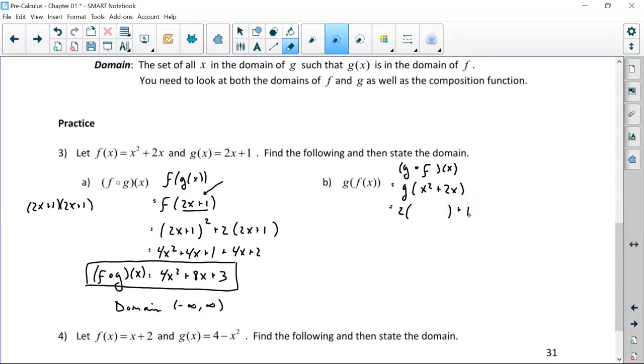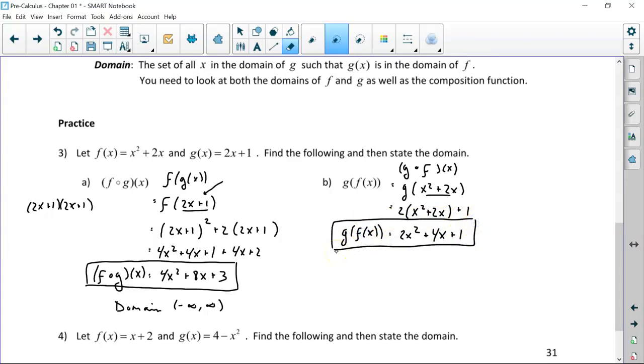In that open spot, we're substituting f of x. So it's x squared plus 2x. So we distribute our 2. We get 2x squared plus 4x plus 1. That's g of f of x. That's our composite function. It's all about substitution.